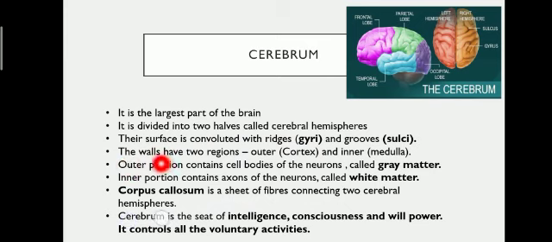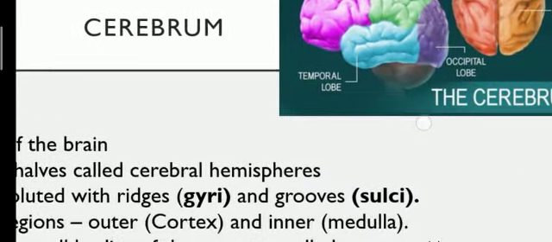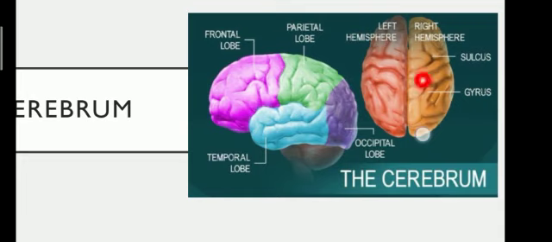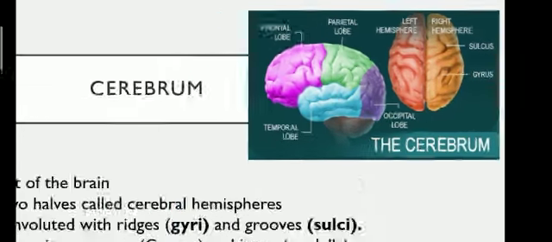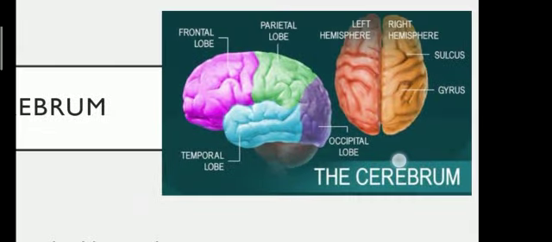The walls have two regions, the outer cortex region and the inner medulla region. If you can see here, there are certain ridges and grooves. The ridges are known as gyrus or gyri, and the darkened grooves are known as sulci.